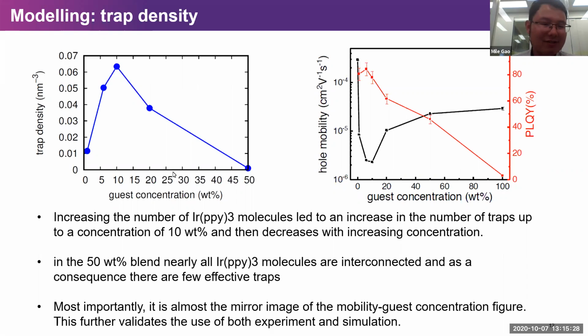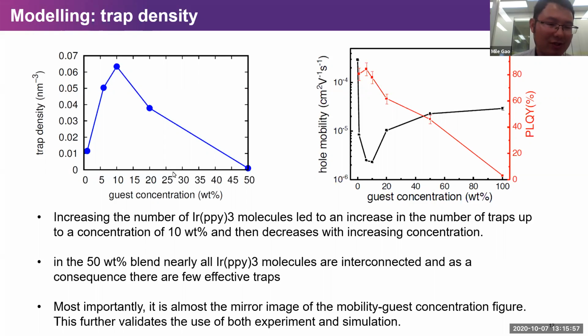It can be seen that increasing from 1 weight percent, the increasing number of RP molecules led to an increase in the number of traps up to a concentration of 10 weight percent. And then the trap density decreases with increasing concentration. In the 50 weight percent, nearly all RP molecules are interconnected.